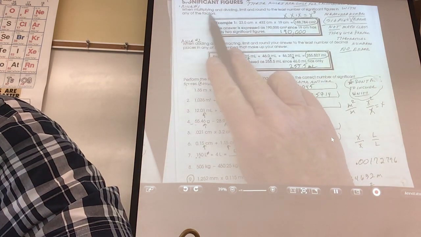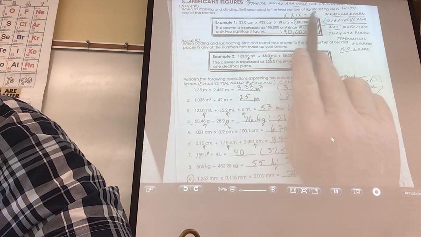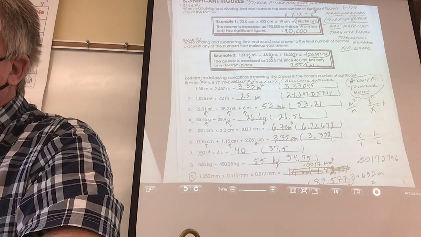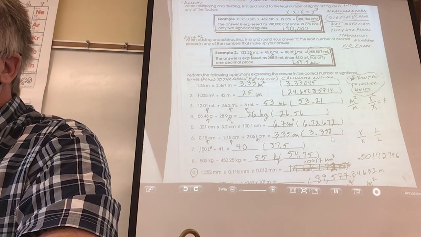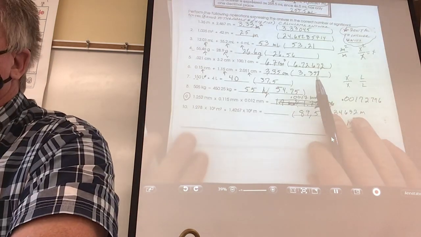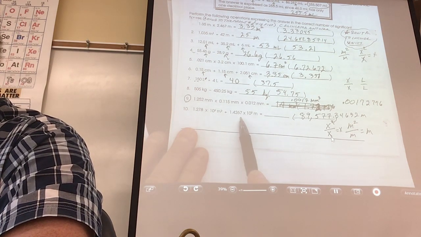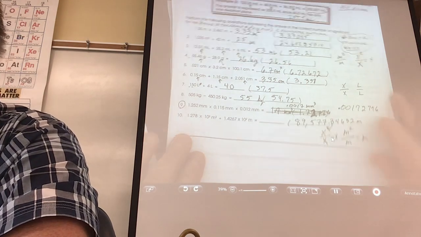It says when multiplying, dividing, round to the least number of what? Okay, that's different than decimal place. So all right, how many sig figs are in this right here? Okay, sorry. How many significant figures are in here? 4? How about here? What's the least number? 4. So we have to round to 4, don't we?